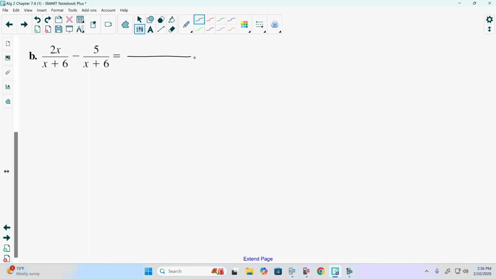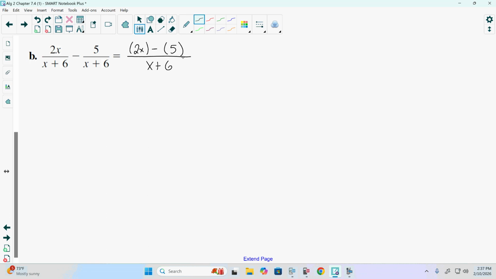We have 2x over x plus 6 minus 5 over x plus 6. The denominators are the same, which in this case means we can subtract the numerators. We can subtract our numerator terms because there's a subtraction in the middle.